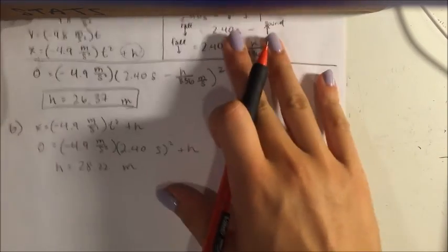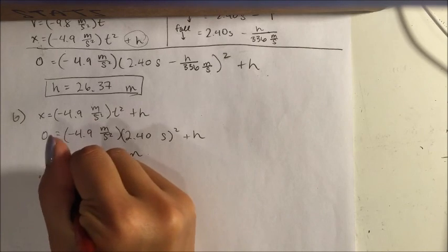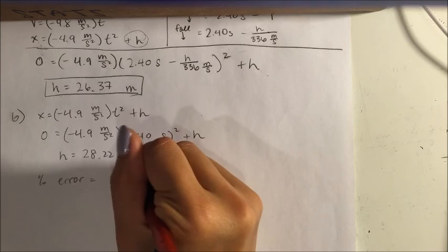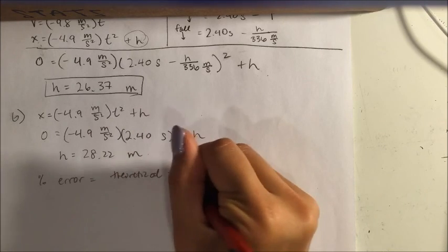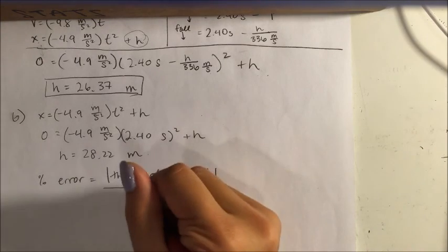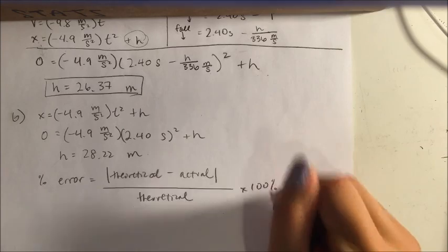I'm going to move this up a little bit more. Okay, so percent error. Percent error is your theoretical minus actual, or the absolute value of, over the theoretical times 100%.